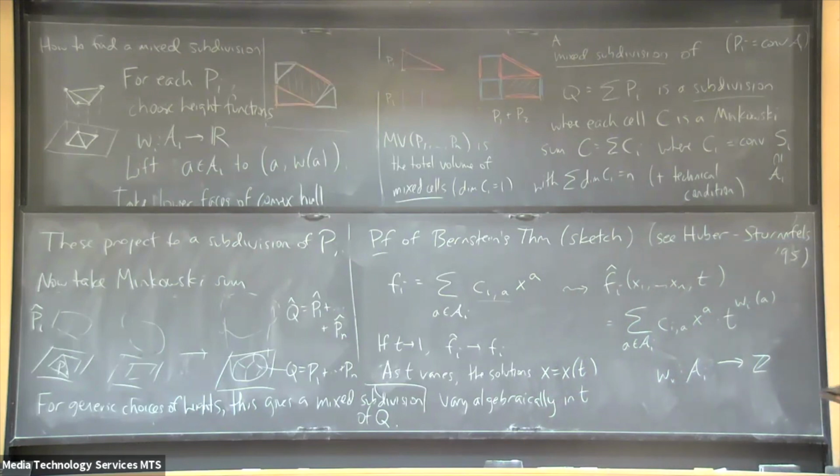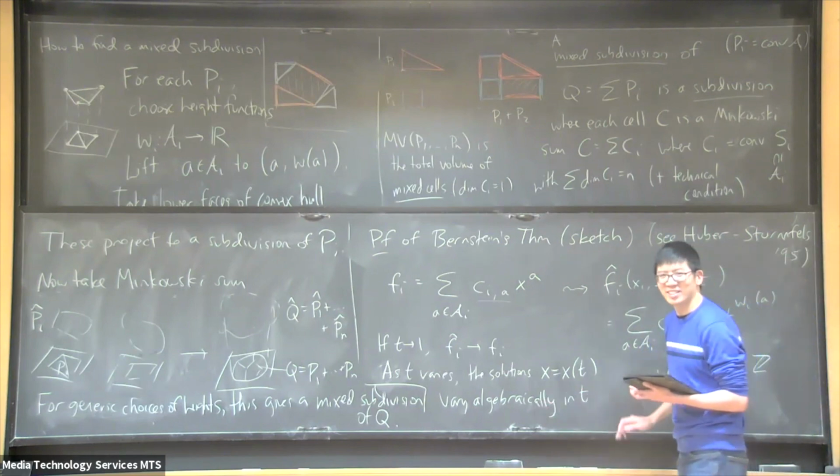It's not clear that it's algebraic, right? If it's a quintic polynomial in t, then... That counts as algebraic. I don't mean it has to be by radicals or something. Just the fact that these are polynomials is what I mean by algebraic here. Okay, yeah.